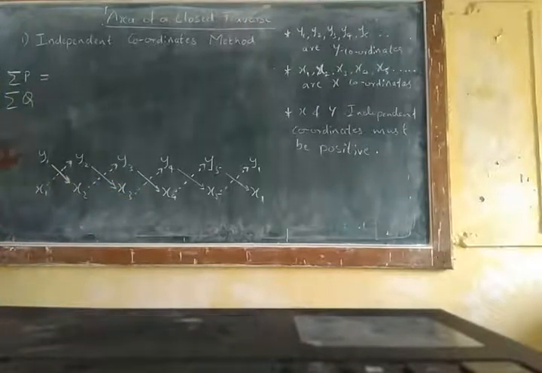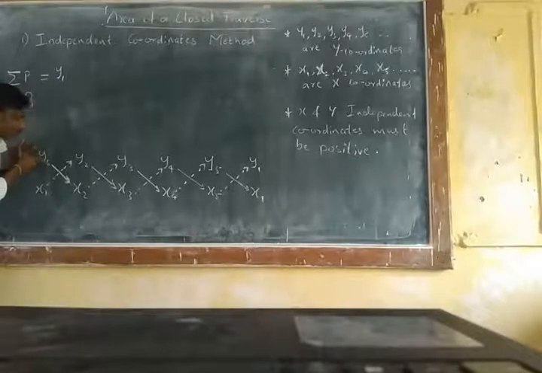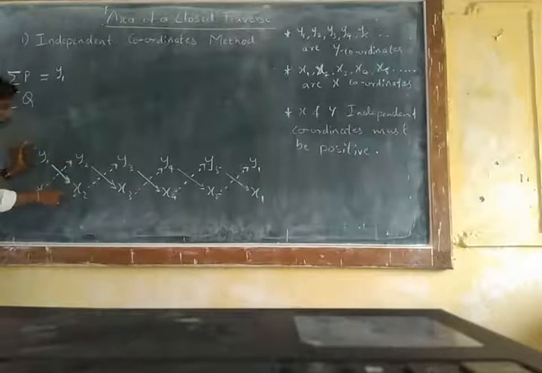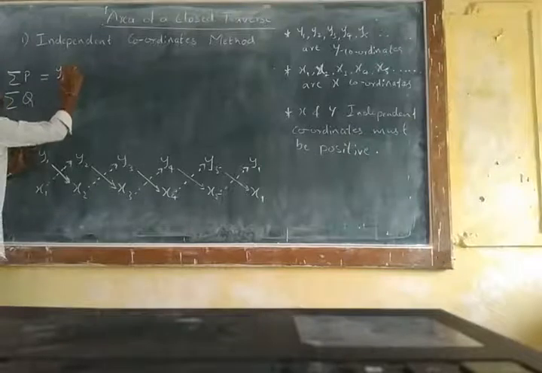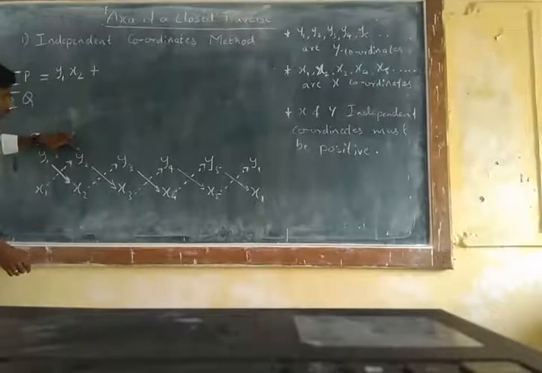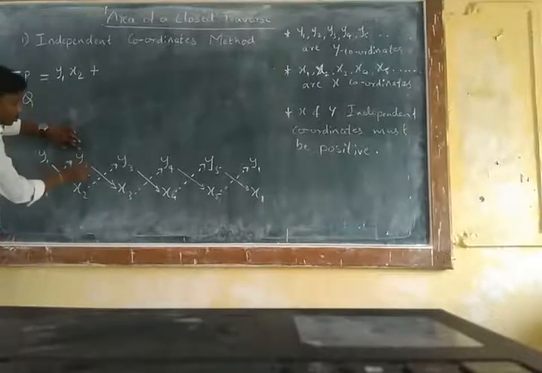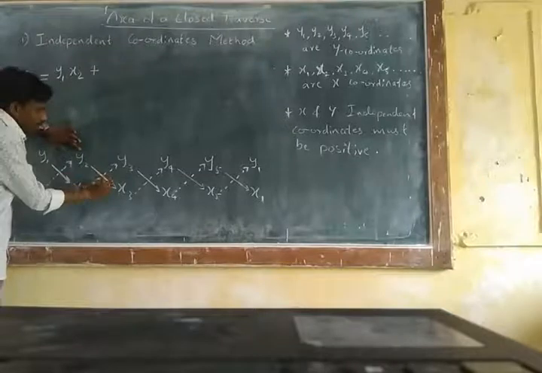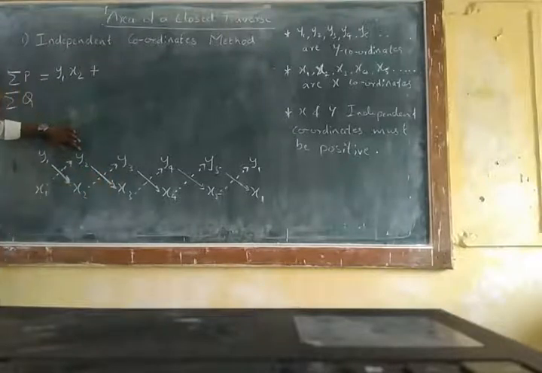So let's start with y1, right? Y1 here, and the arrow from y1 is moving towards x2. So y1 must be multiplied by x2. Y1 x2. Now write plus, and then let's move to y2. Now y2, the thick arrow mark is moving from y2 to x3.